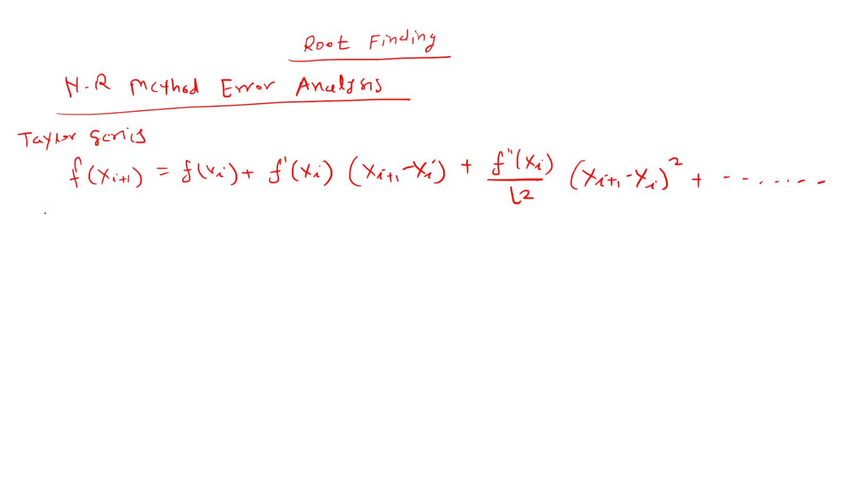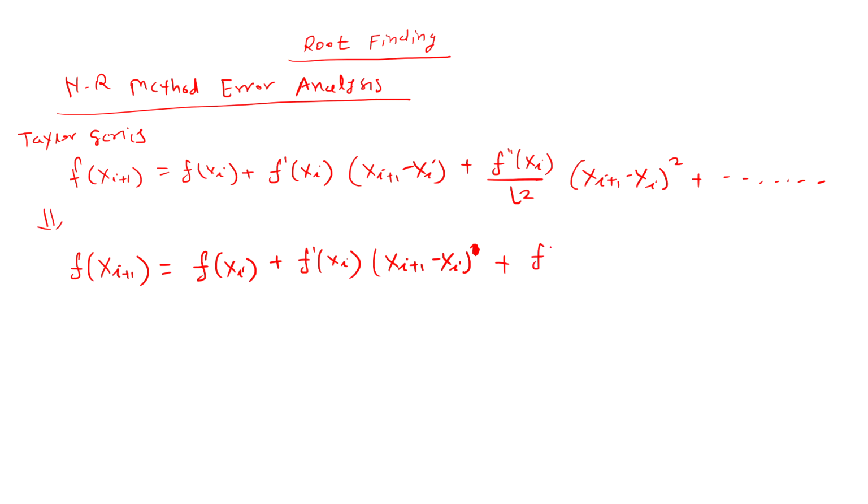Now I am approximating it up to this first order term only. So the first order approximation is f of x_{i+1} equals f of x_i plus f prime x_i times (x_{i+1} minus x_i) to the power 1, plus f double prime chi upon factorial 2 times (x_{i+1} minus x_i) to the power 2.